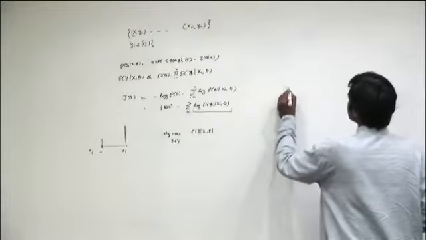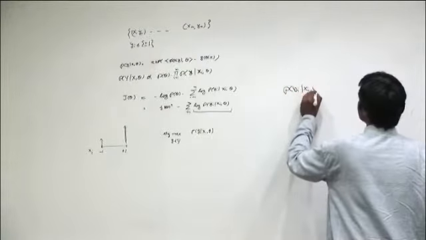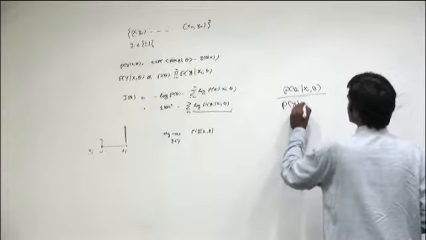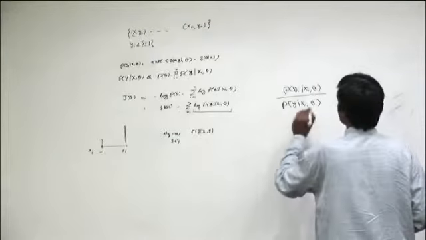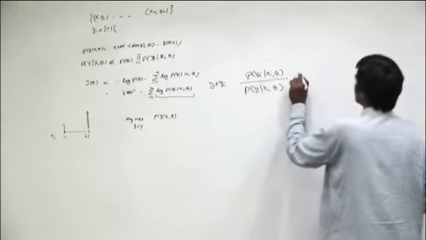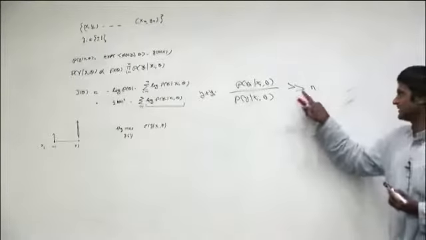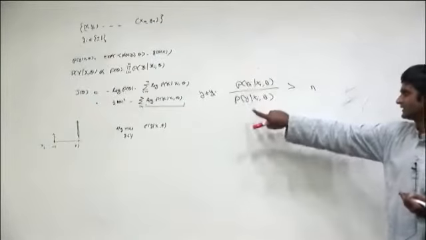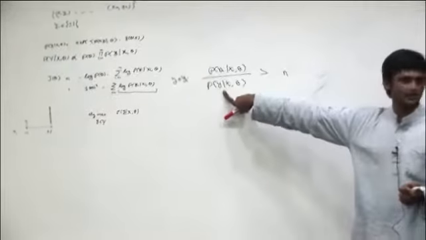I am interested in saying that p of yi conditioned on xi and theta over p of y conditioned on xi and theta, for all y not equal to yi, this quantity must be large. So if I have some constant eta, let's say, then p of yi conditioned on xi and theta must be larger than eta times any other probability.